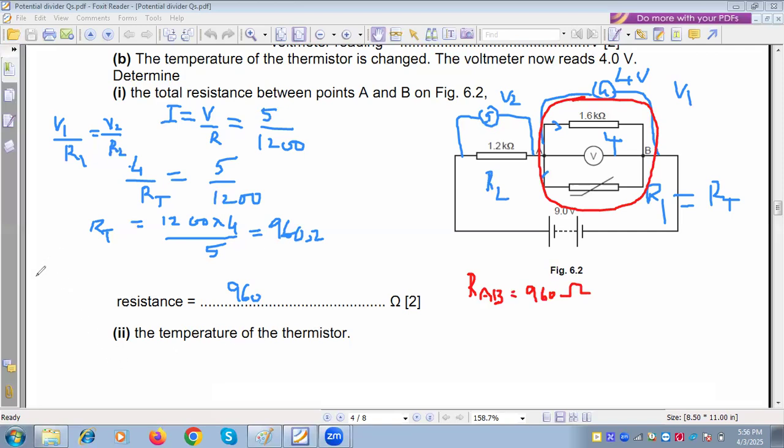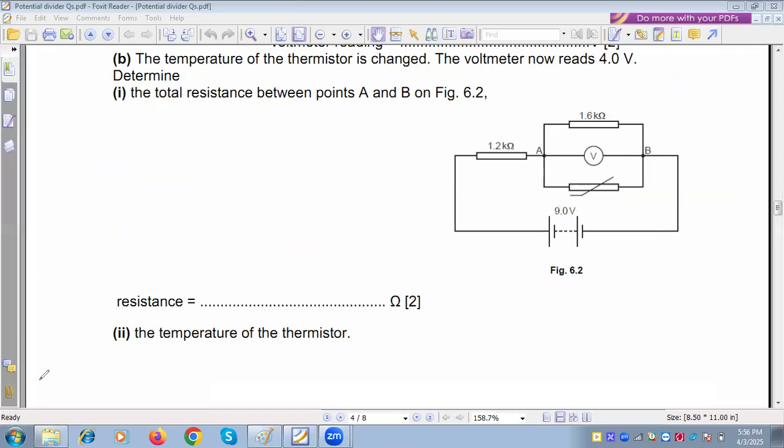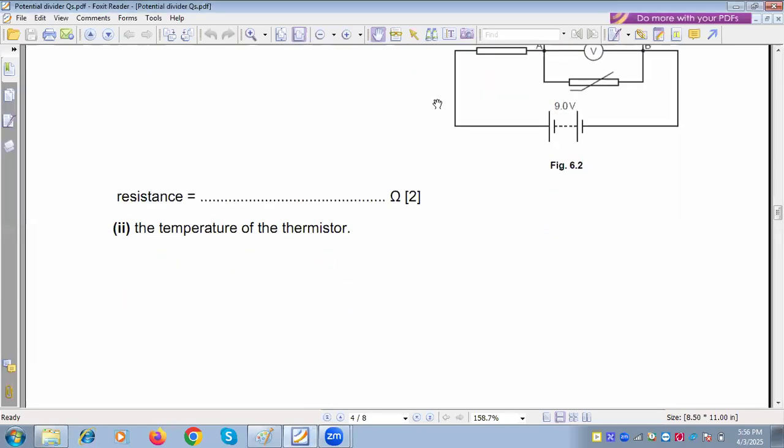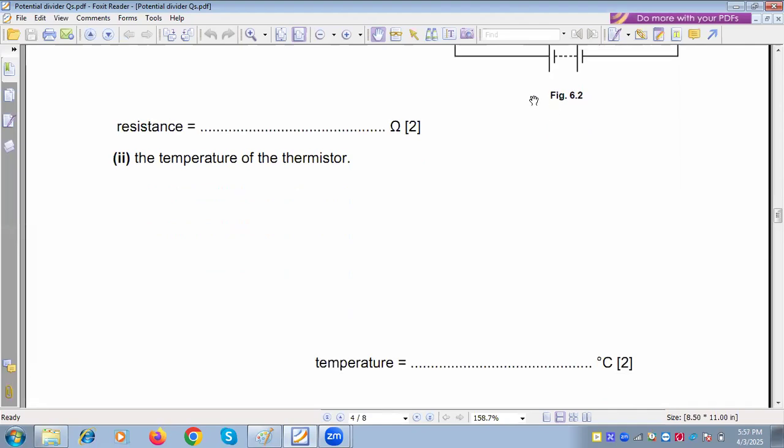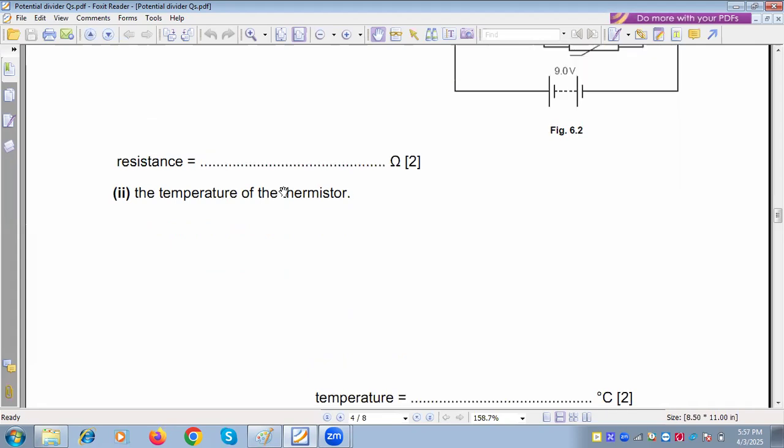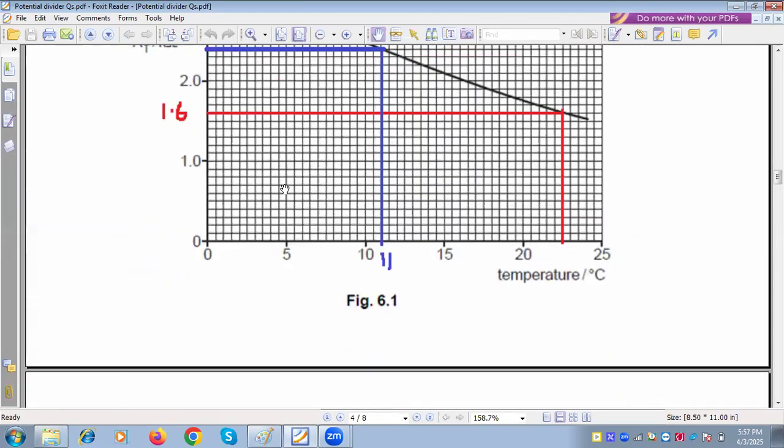We have to remember the value of combined resistance, 960 ohms. The question asks for the temperature of the thermistor. So that 960 ohm was the resistance of the parallel combination. It was not the resistance of the thermistor. So first we have to find the resistance of the thermistor so that we can find the temperature using this graph.